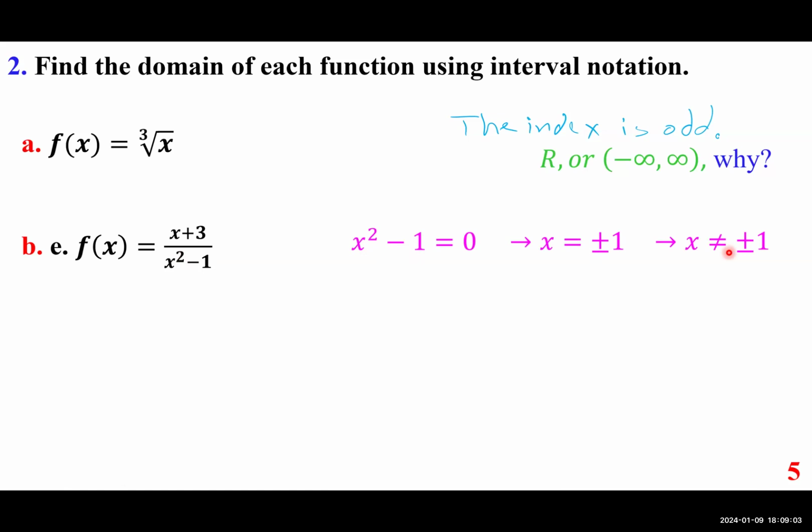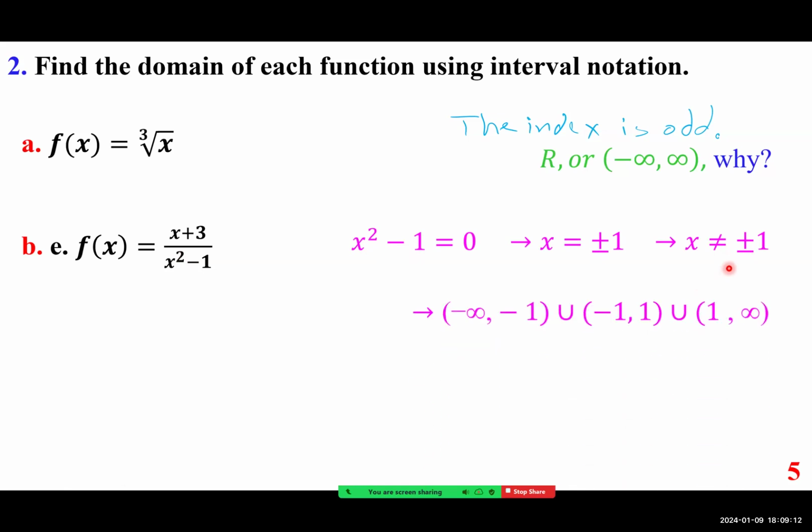So we're going to write this in interval format: negative infinity to negative 1, union negative 1 to 1, union 1 to infinity. This would be the more proper way. Please understand, parentheses means we are excluding the endpoints negative 1 and 1.